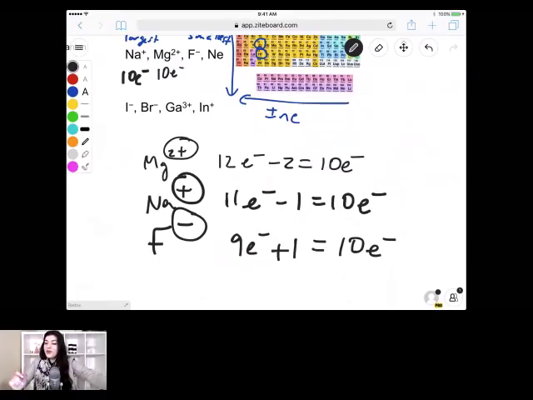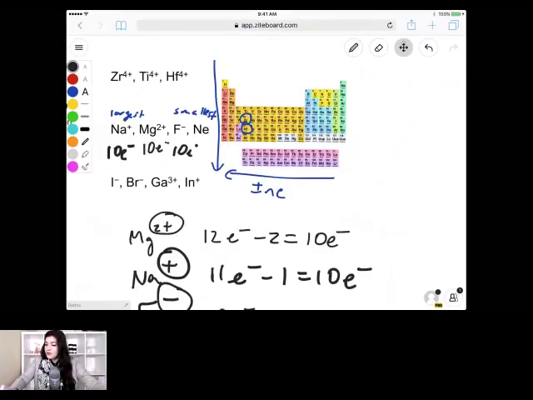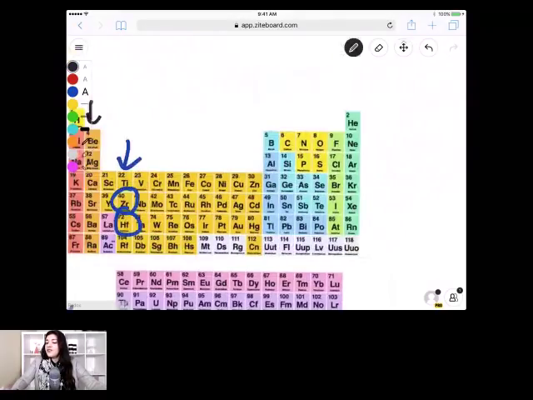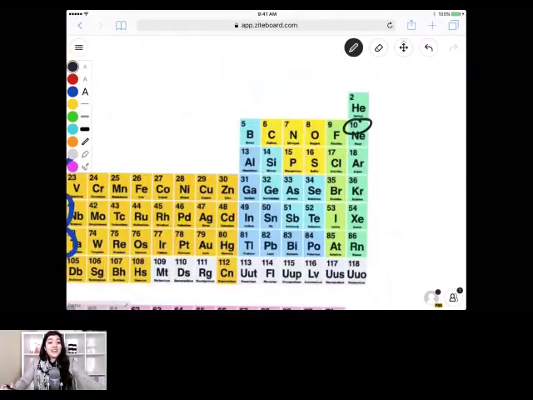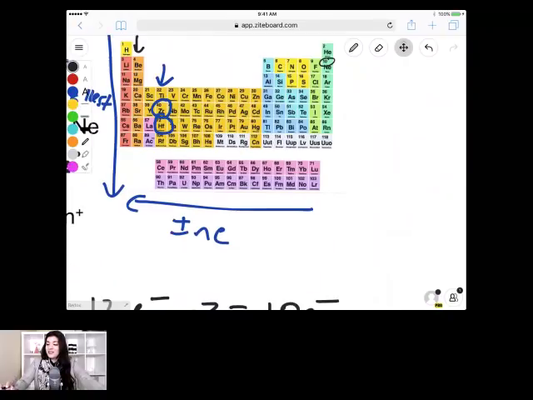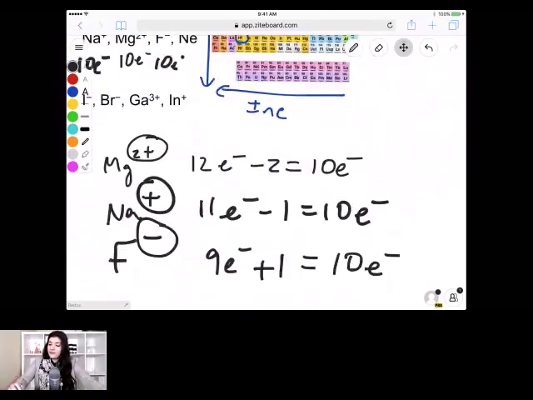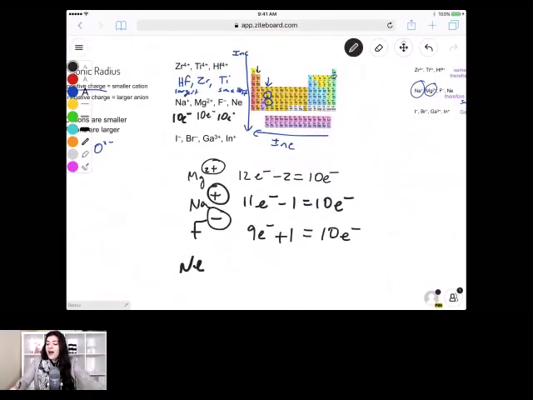All right, lastly, let's go to neon. Neon is neutral. It's a noble gas. It already has 10 electrons. So that's why it's known as isoelectronic.